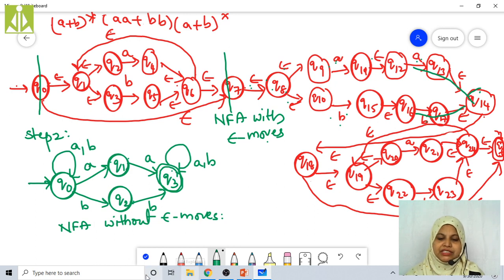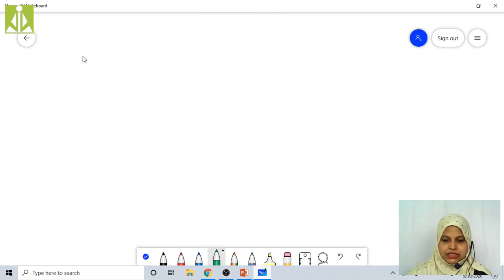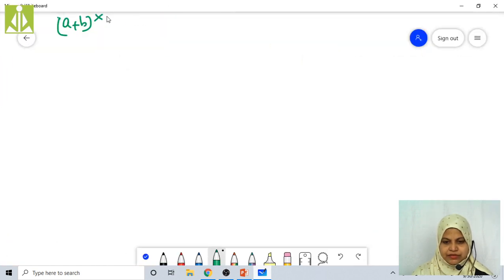Now we are going to convert this NFA without epsilon moves to DFA. How we are going to convert this one? Here I am going to draw this one. A plus B whole star, A plus B whole star, right?